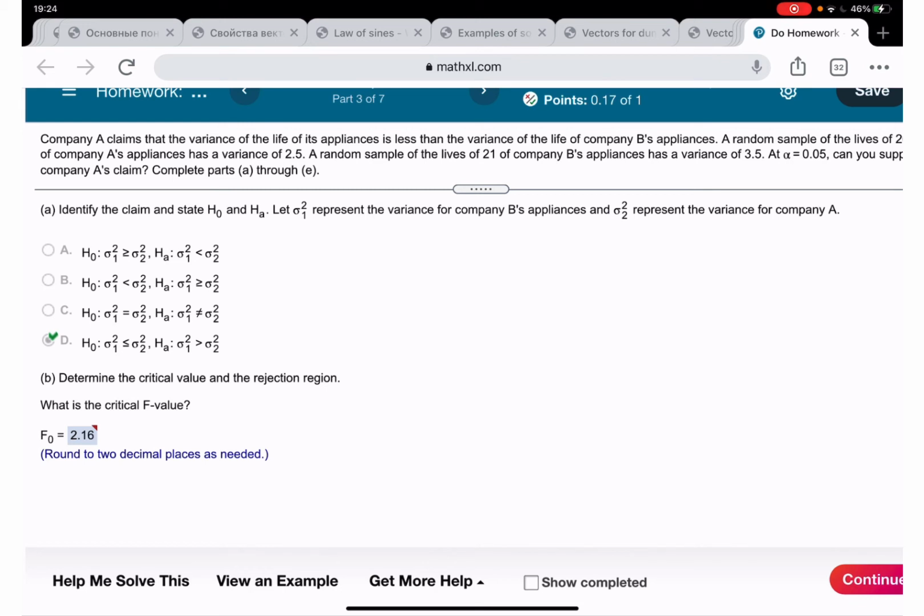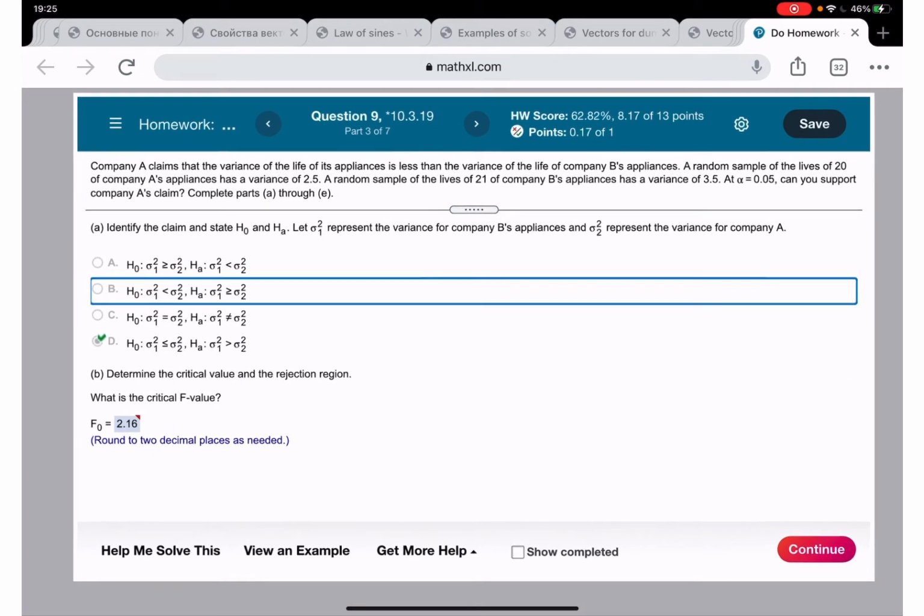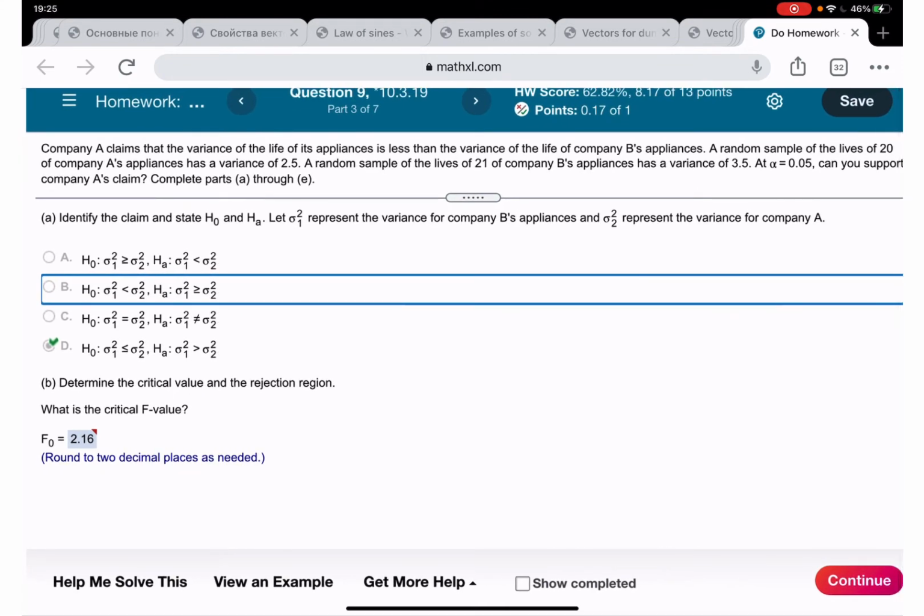I want whoever completes this assignment to tell me, and I'll give you a half point. 1.6, 1.4, it's a matter of calculator or table, and I got the same error all the time. I don't know what they are using, maybe StatCrunch. I didn't use StatCrunch for this because I have to type everything by hand. You can try it. Type S1 squared, S2 squared, sample size 1, sample size 2, and see how it works, and let me know. I'm curious. But as of now, we are continuing.